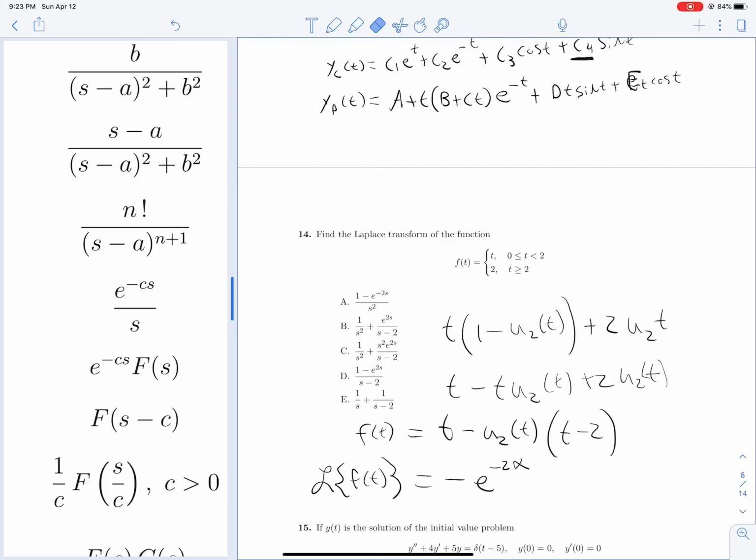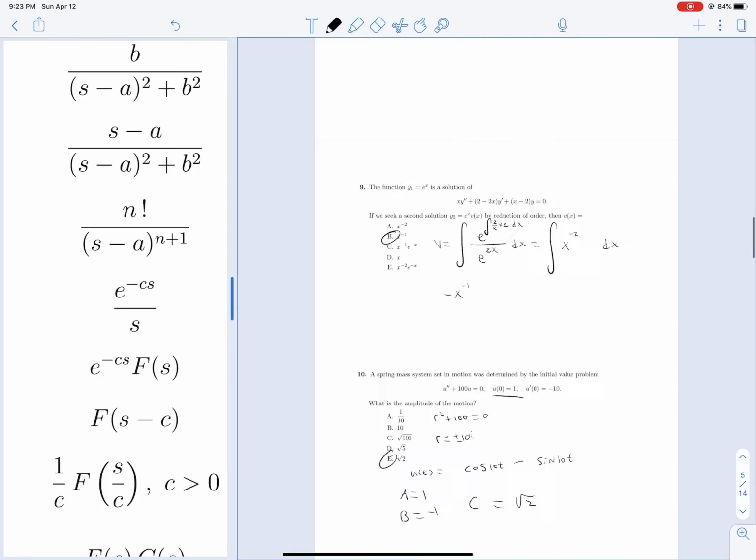So our Laplace transform of t is just 1 over alpha squared. And then finally, the Laplace transform of t by itself is just 1 over alpha squared, so we can add 1 over alpha squared in there. And that gives us answer choice A.